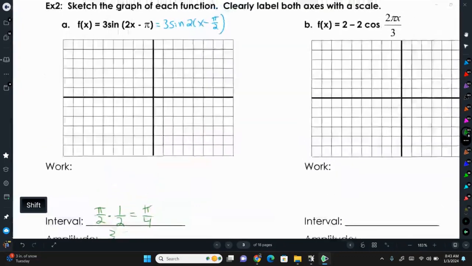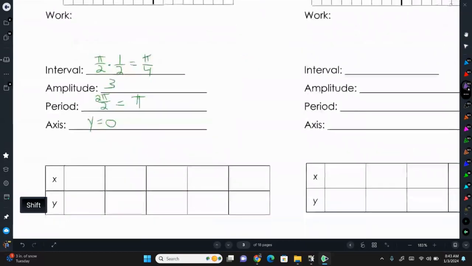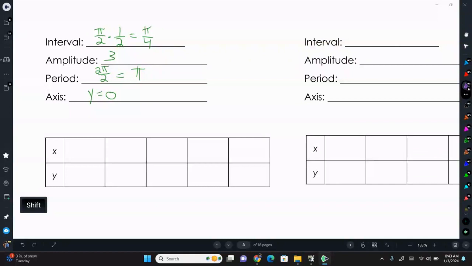But instead of starting at 0 in our table, that pi over 2 there means right pi over 2. So our table, instead of starting at 0, is going to be pi over 2. Now we're going to be adding pi over 4 each time.